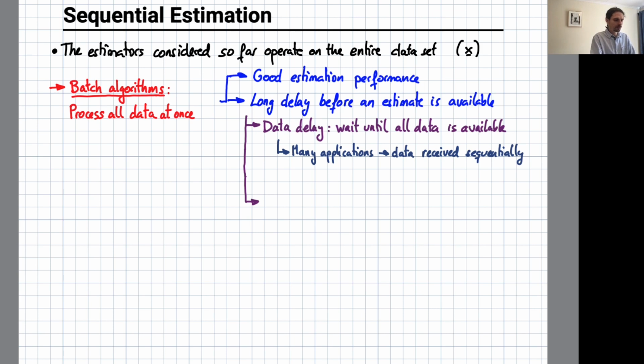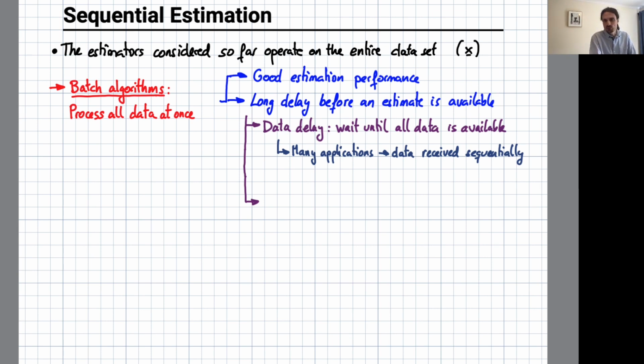Suppose, for example, that we are interested in estimating the reproduction number of a disease that is causing a pandemic. We are receiving new data every day, number of cases and so on. And with that, we need to provide an estimate of the reproduction number every day, right? So, of course, as the time goes by, we have collected more and more data, and our estimates would be of a higher quality.